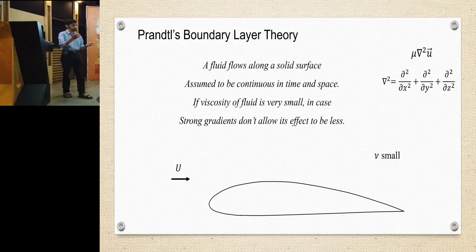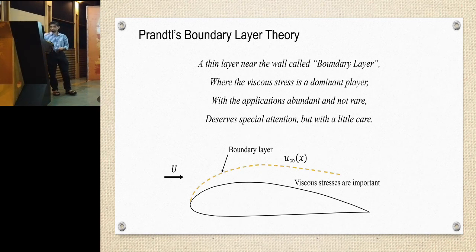Those of you who will soon be taking the boundary layer theory course will learn that this is the first assumption made in Prandtl's boundary layer theory. You can of course introduce the curvature effects later on. So, a thin layer near the wall called the boundary layer, where the viscous stress is a dominant player. You have already seen that.